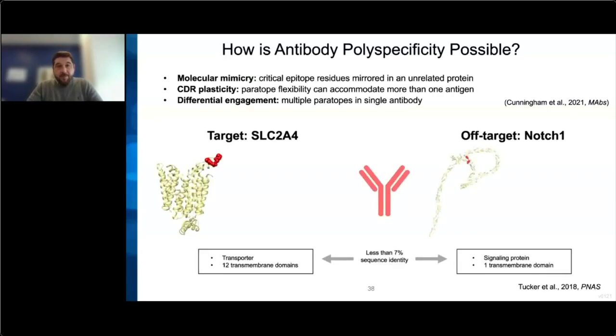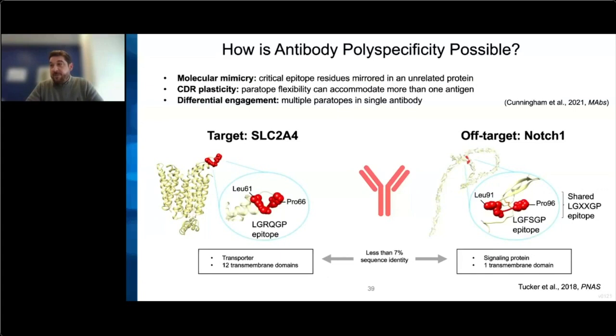One really good example of this that we found in our work is a molecule whose target was SLC2A4, a glucose transporter found in skeletal muscle cells. Unexpectedly, we found that Notch1, a widely expressed membrane protein highly unrelated to this, with less than 7% sequence identity, showed off-target binding with this molecule.